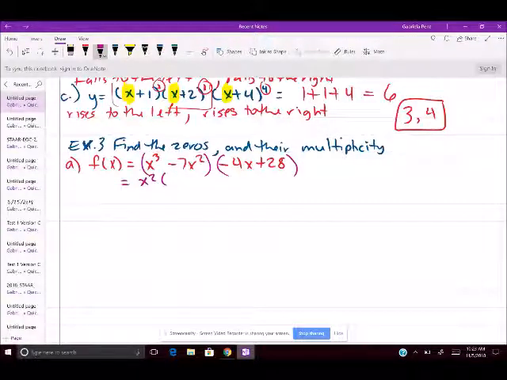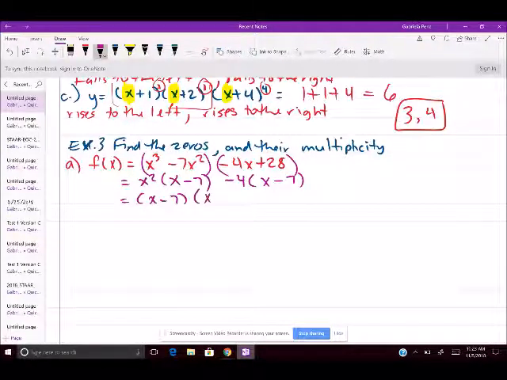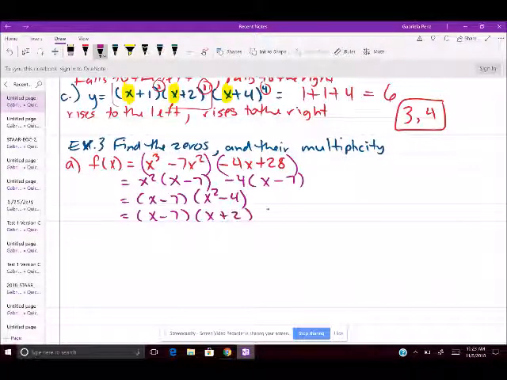So when I factor out an x squared from x cubed, this becomes x minus 7. Very good. Negative 4x plus 28, they're both divisible by negative 4, and this becomes x minus 7. So I have x minus 7 and x squared minus 4. Am I done factoring? No. What's next? The difference of perfect squares, right? So this becomes x plus 2 and x minus 2.